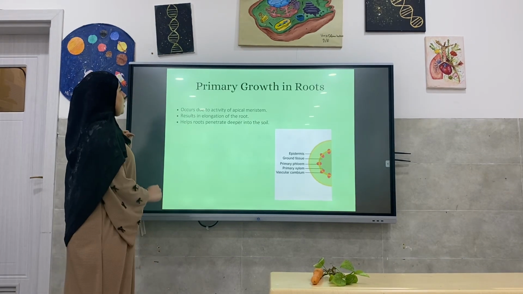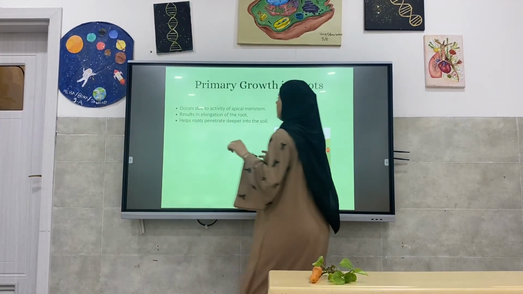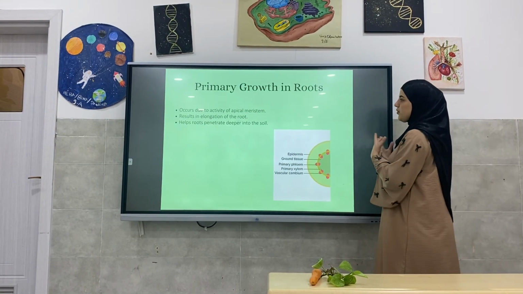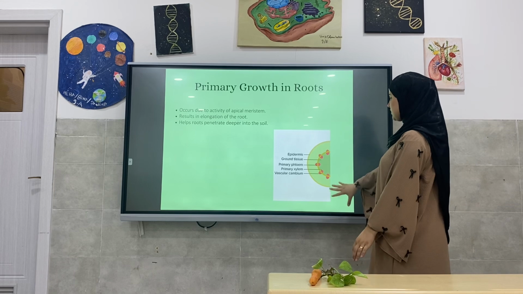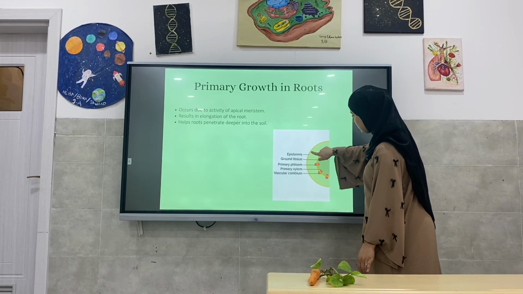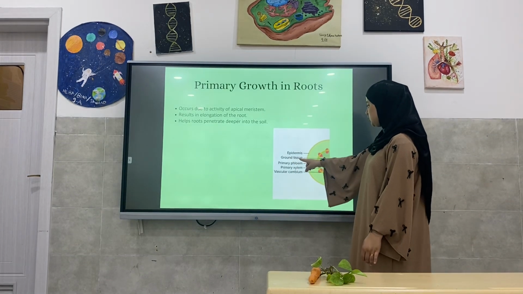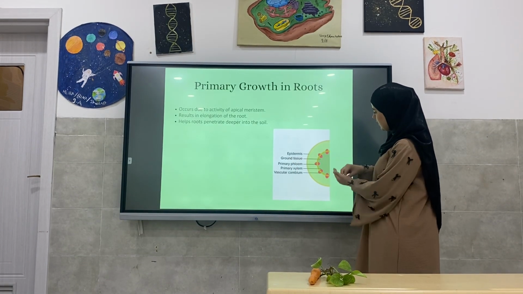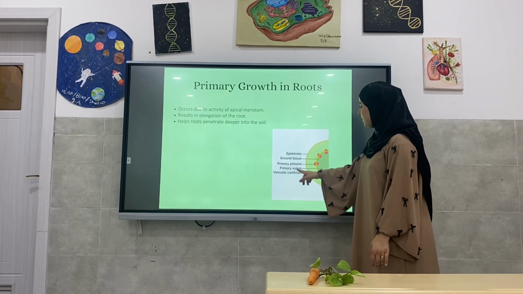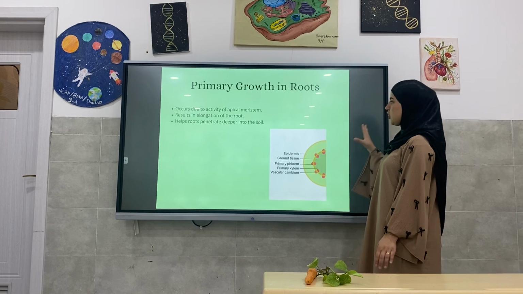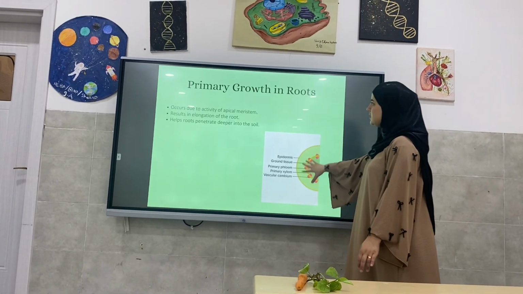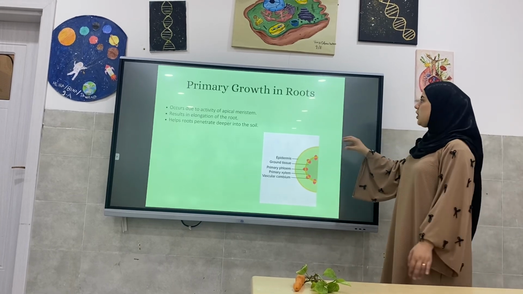Okay, guys, at the first time, as I said, we have primary growth in root and secondary growth in root. In primary growth in root, we have epidermis. This is the epidermis and ground tissue inside this, and primary phloem, primary xylem, and vascular cambium. These are the parts of primary growth in root.